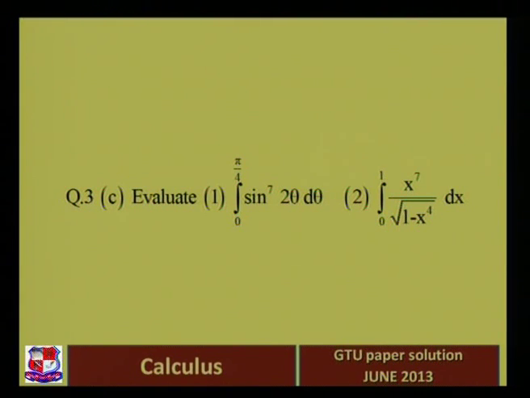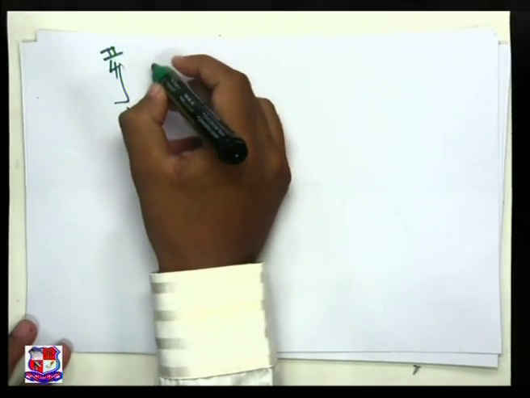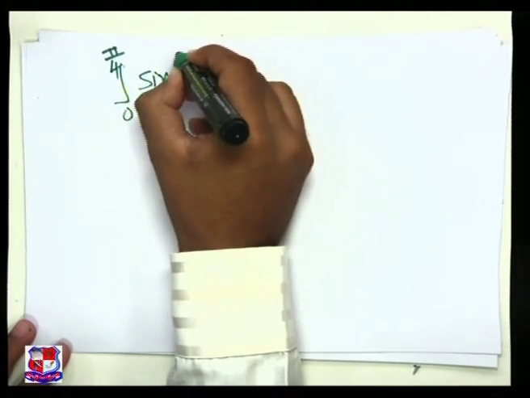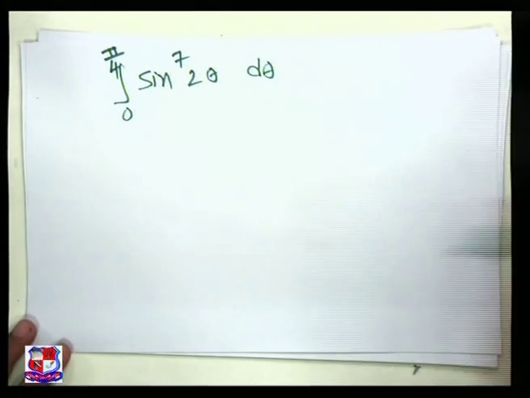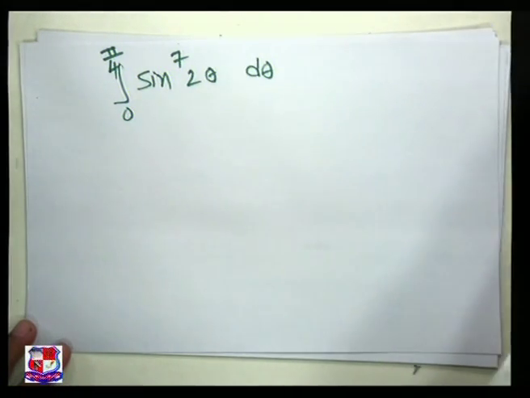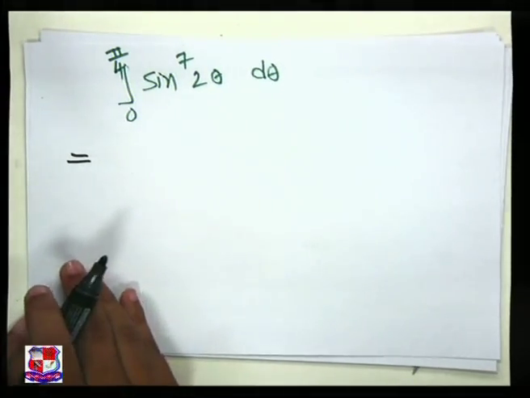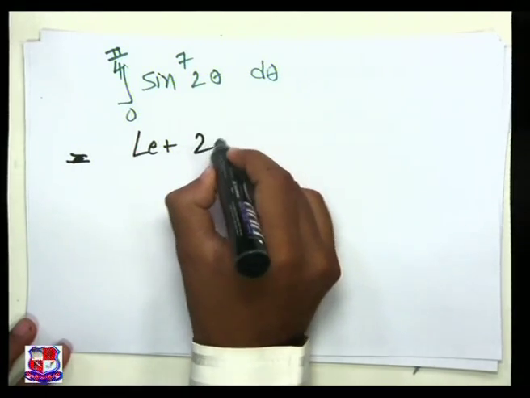Now this is our example, the integration from 0 to pi by 4 of sin 2 theta raised to 7. Let 2 theta be equal to t.